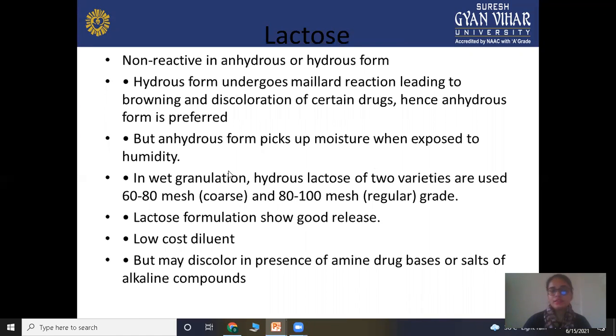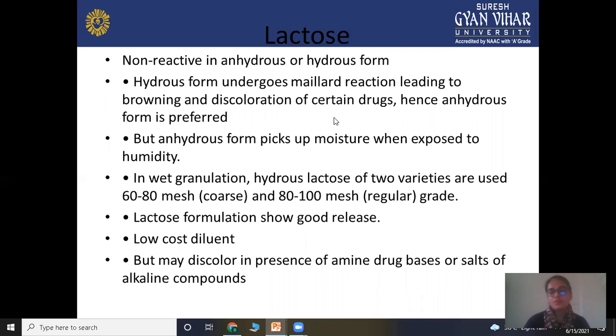In this example, lactose is available in anhydrous or hydrous form, and the anhydrous form is non-reactive. The hydrous form undergoes the Maillard reaction, leading to browning and decoloration of certain drugs, hence the anhydrous form is more preferred.